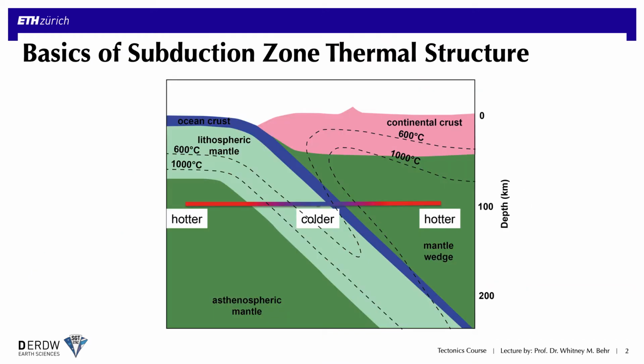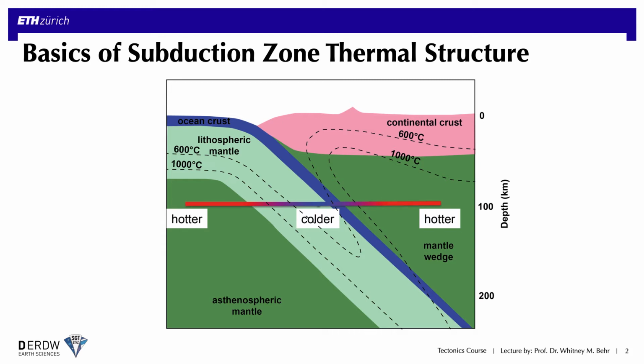So to start off, last week we drew a rough sketch of a subduction zone that looked something like this, and I asked you to draw in isotherms for 1,000 degrees C as shown here, and in our case we drew in an isotherm also for 300 degrees C, but the patterns are similar to what's shown here.